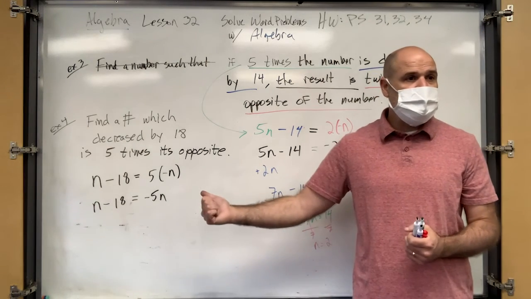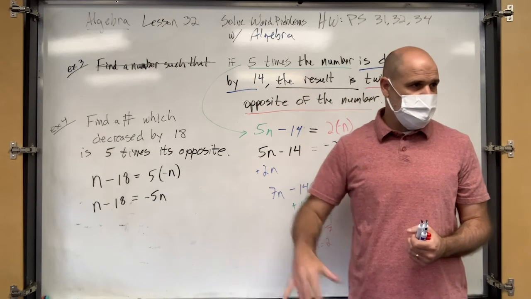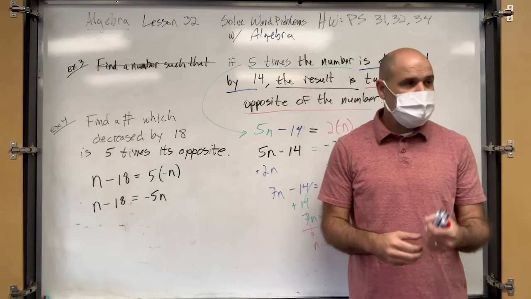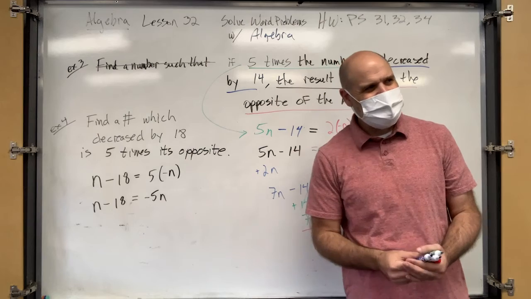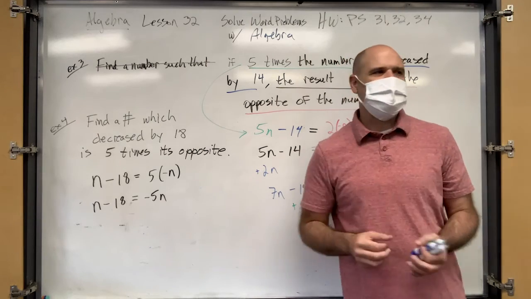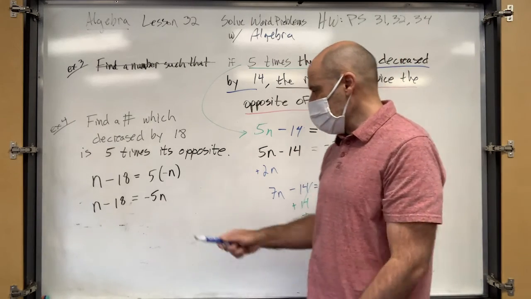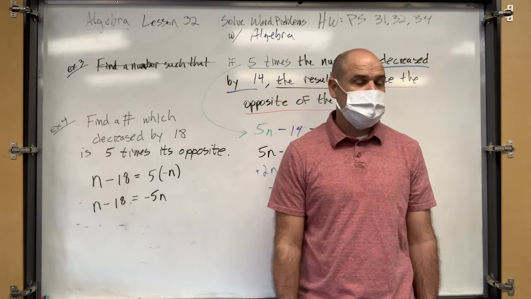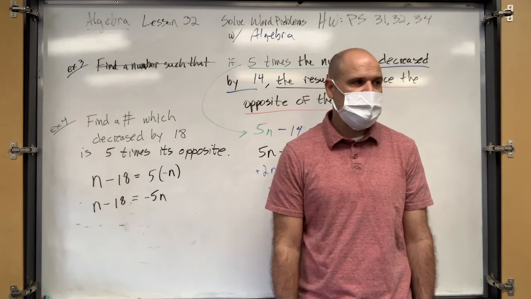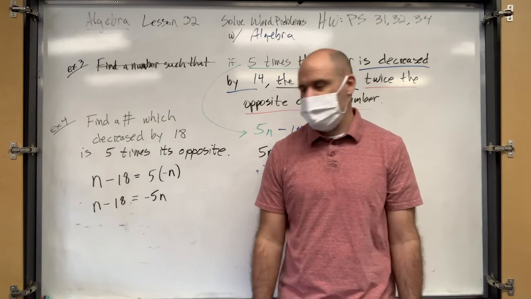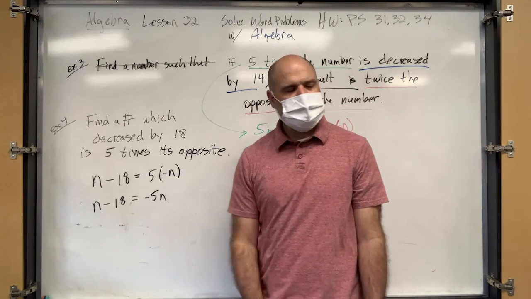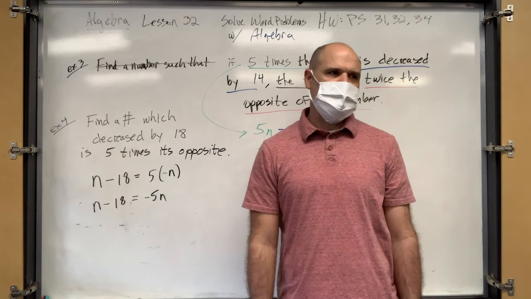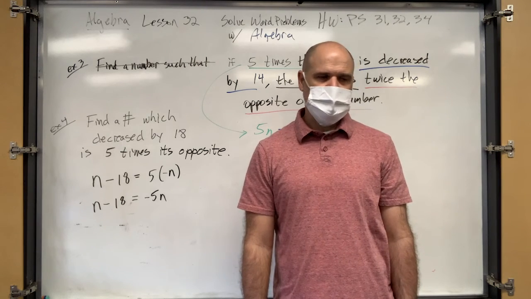All right? Did everyone get that? More or less? Good. Okay, so what do we do now? Yes, Nathan. Get rid of the smaller variable. Let's just see what happens if I get rid of the larger variable.